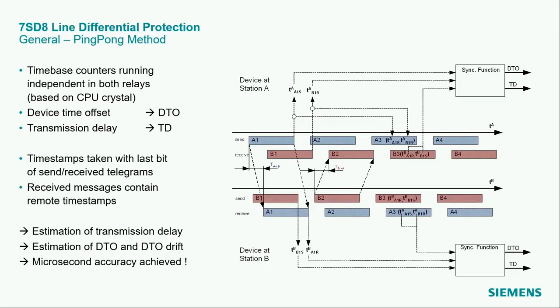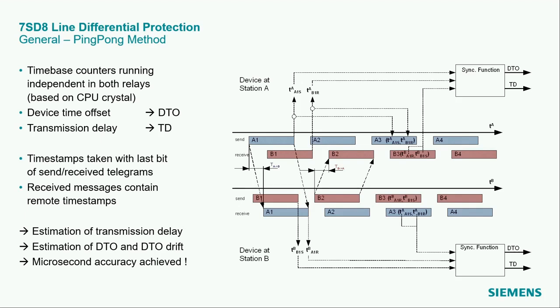The protection communication data is sent by telegrams between the relays. These are the blue and the red boxes. This occurs every 5 or 10 milliseconds, depending on the bandwidth of the communication channel. From time to time, a synchronization telegram is also exchanged.